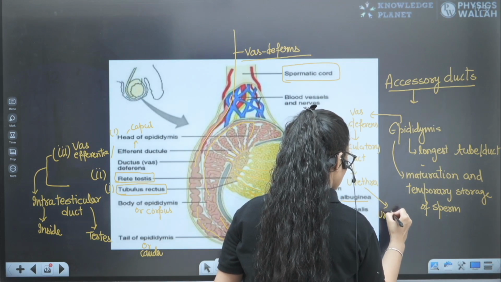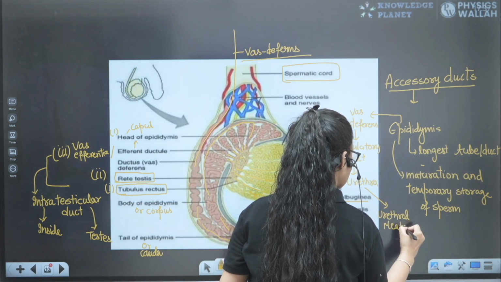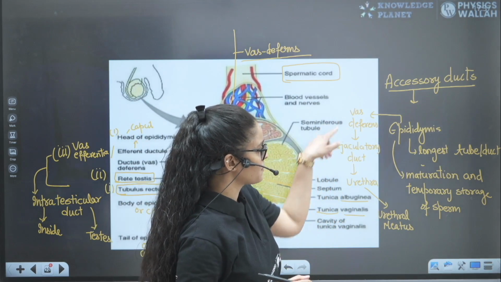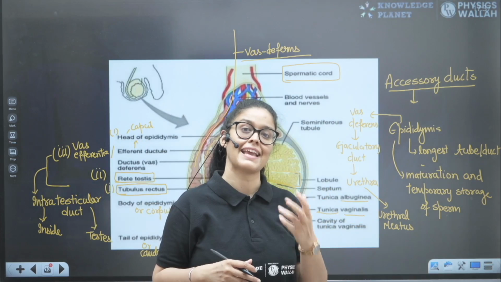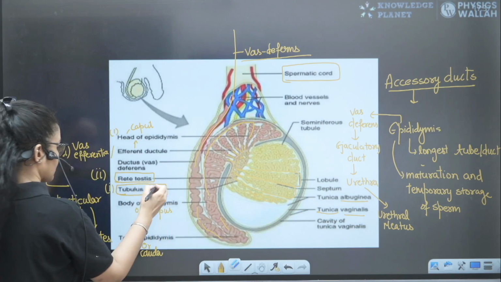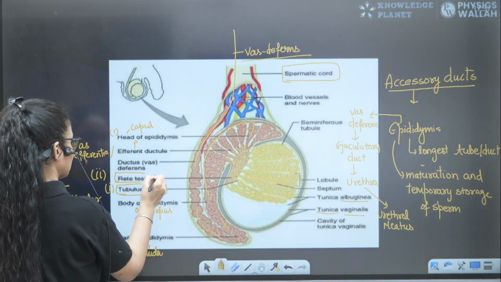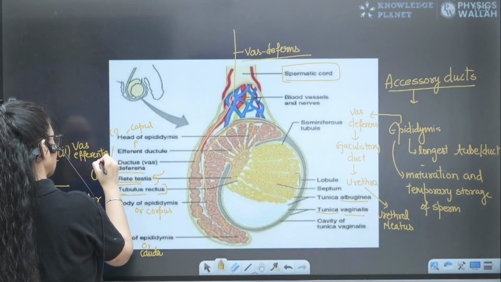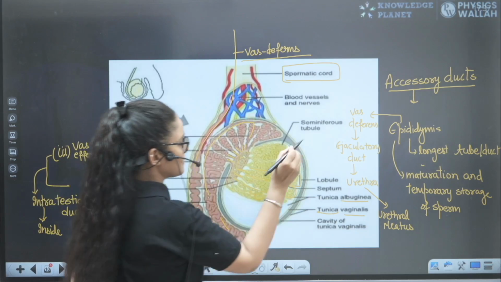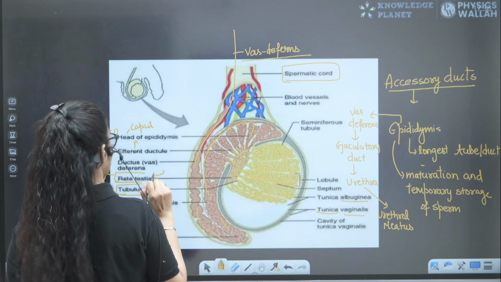All these ducts present outside the testes are known as extratesticular ducts. So this is the sequence of the ducts: tubuli recti, then rete testis, which opens into the vas efferentia, vas efferentia open into the epididymis, and the epididymis finally opens into the vas deferens and ejaculatory duct.